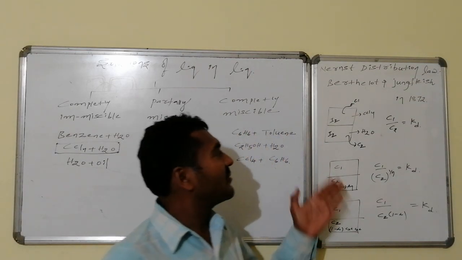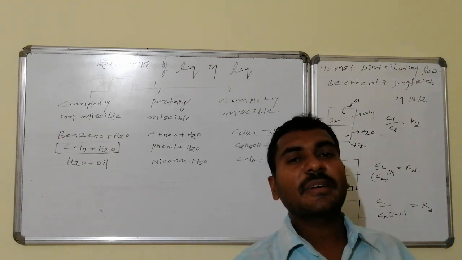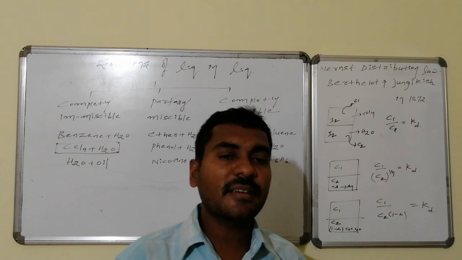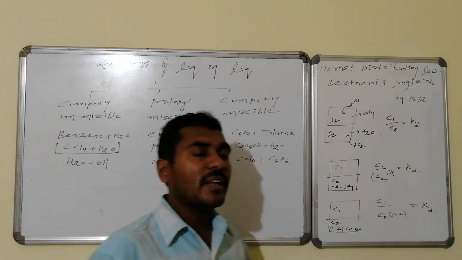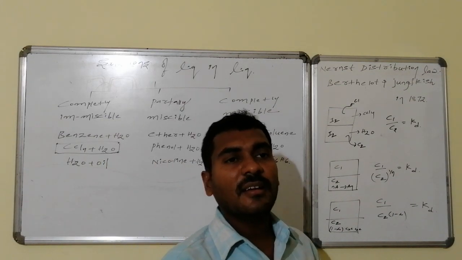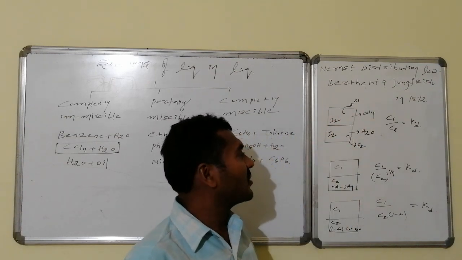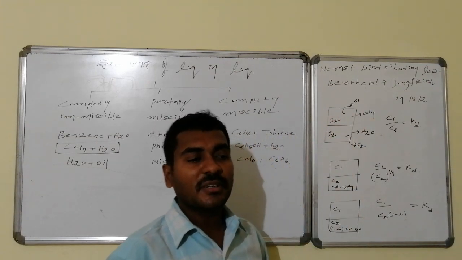As per this law, if I take an example, carbon tetrachloride as well as water, an immiscible liquid mixture is taken, whereas in that if any amount of iodine is added, iodine easily distributes with some concentration in CCl4 and some other concentration in water.